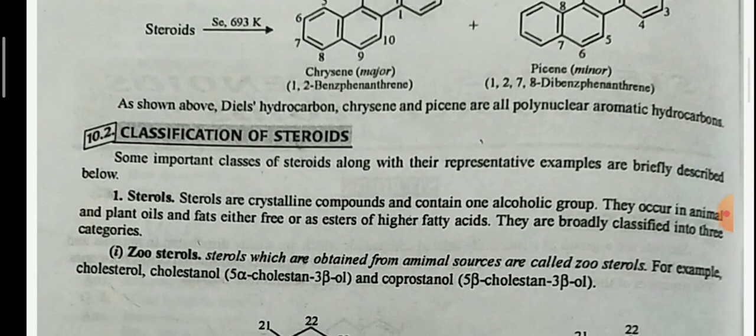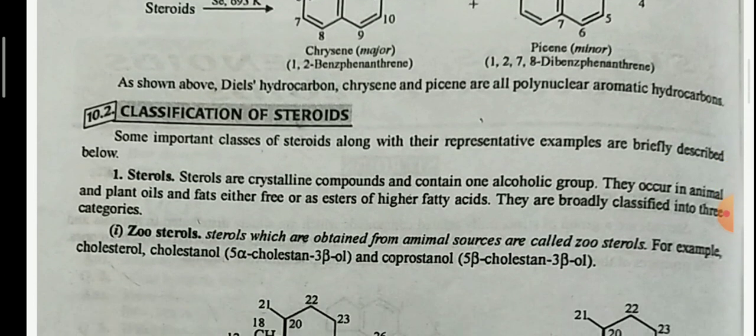Classification of steroids. Some important classes of steroids, along with their representative examples, are briefly described below. Sterols. Sterols are crystalline compounds and contain one alcoholic group. They occur in animal and plant oils and fats, either free or as esters of higher fatty acids.